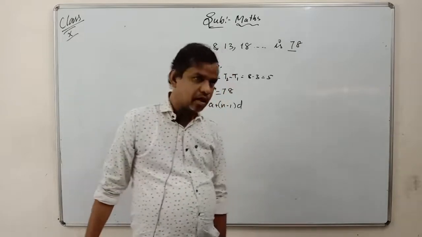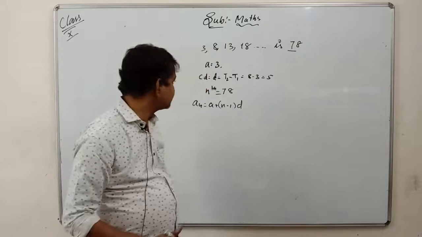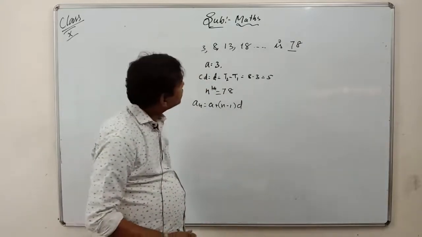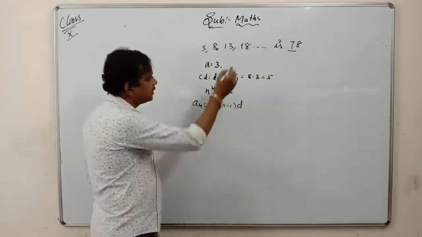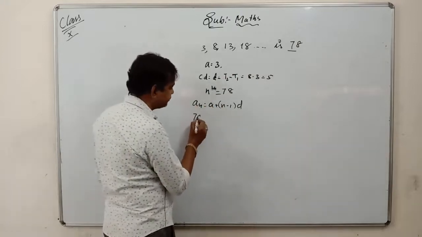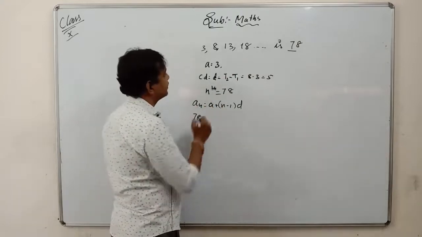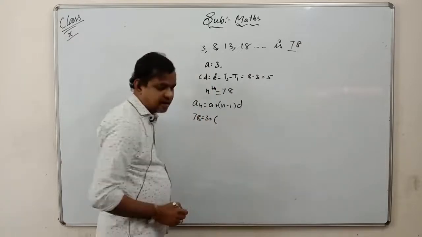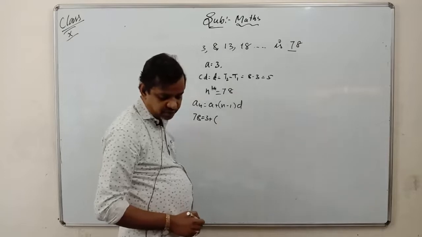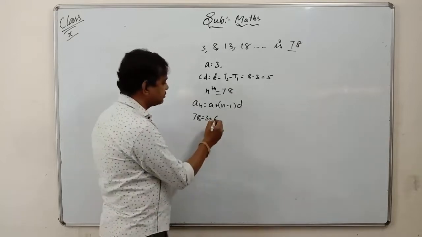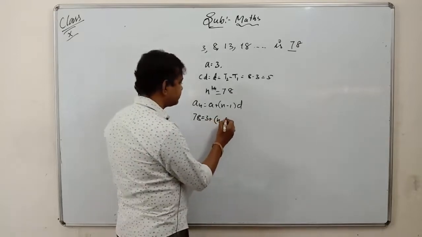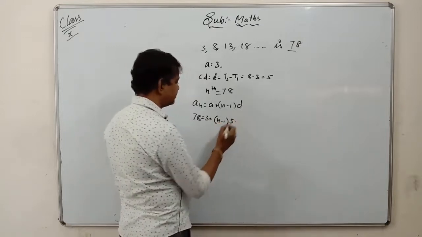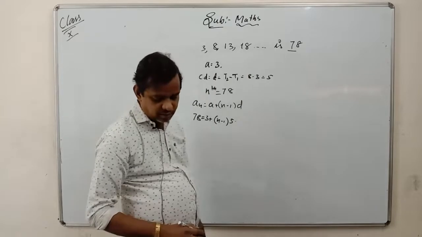So now write down what he has given here. An, the last term, he has given as 78, equals the first term 3 plus n minus 1, and the common difference is 5. What is the common difference?